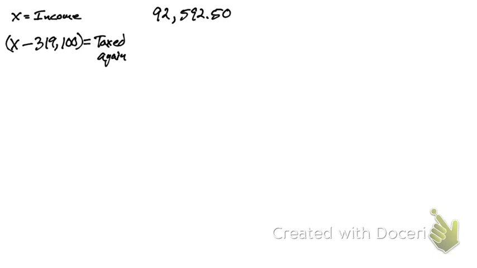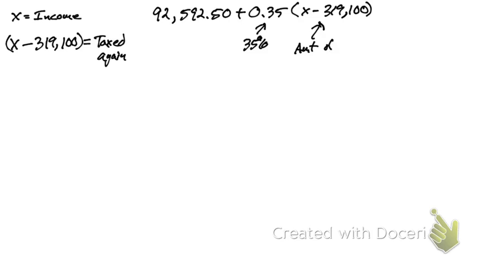He's originally taxed at $92,000, plus he's going to get taxed 35% of anything he made over $319,000. So that's going to be 0.35, that was our 35%, times X minus 319,100, his amount over that.